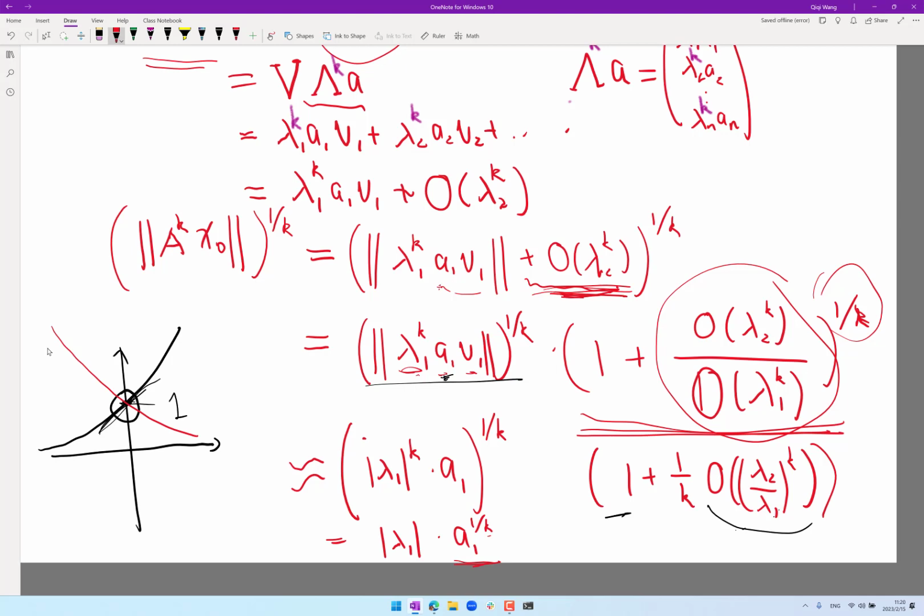And the difference between a1 to the power of 1 over k and 1, which gives our exact desired result, is proportional to what? What is the difference between a1 to the 1 over kth power minus 1? The magnitude of this, as k goes to infinity, how does it approach 0?